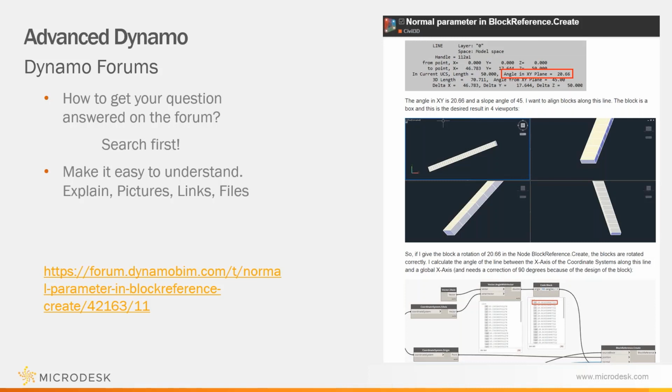Next, if you do find that no one has run into your problem yet, and you do want to make a post, you need to make it easy to understand. You have to really explain what you're trying to do. Add some pictures, like in this example. Get the red text, get the red boxes around your text. Add your files.